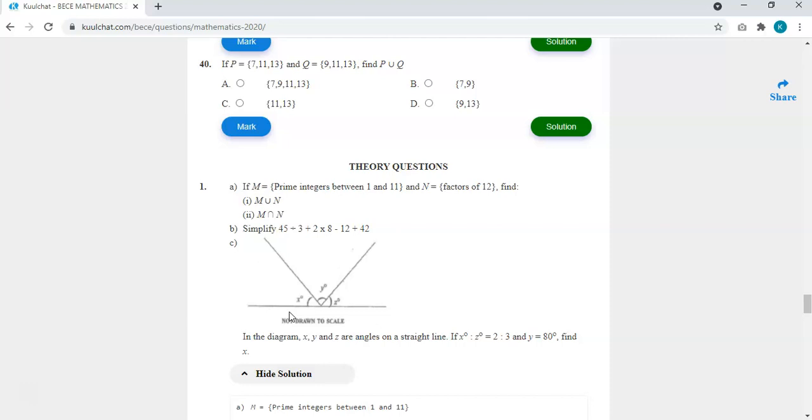And the third concept you need to use is also that when you sum all angles on a straight line, they should add up to 180. Okay, they should all add up to 180.